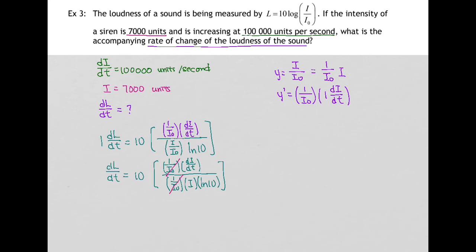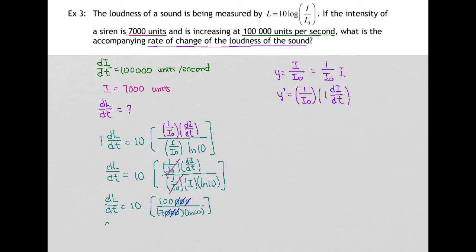And now let's substitute the values we know. So dL over dt equals 10, dI over dt is 100,000, divided by I, which is 7,000, ln 10. Then let's reduce the fraction by dividing by 1,000 on both the numerator and denominator.